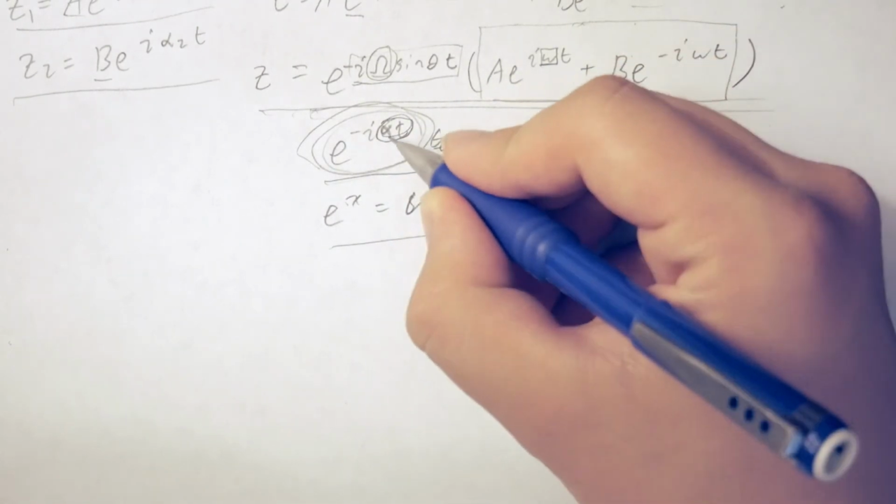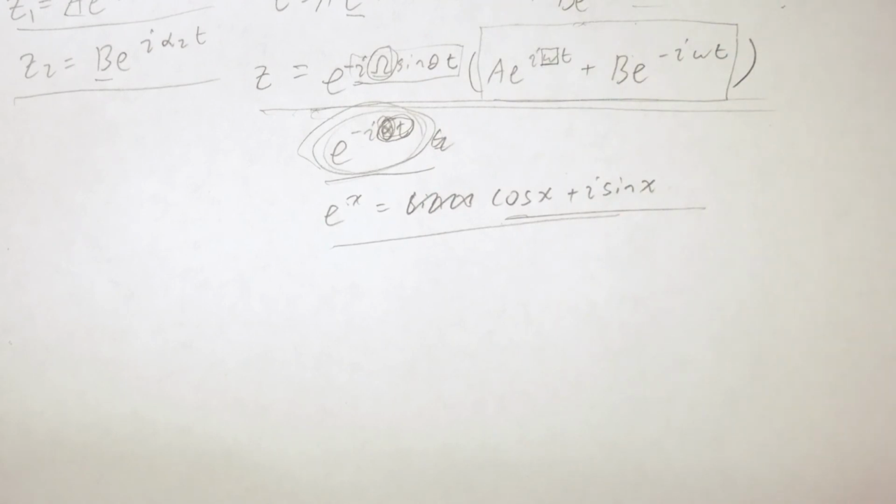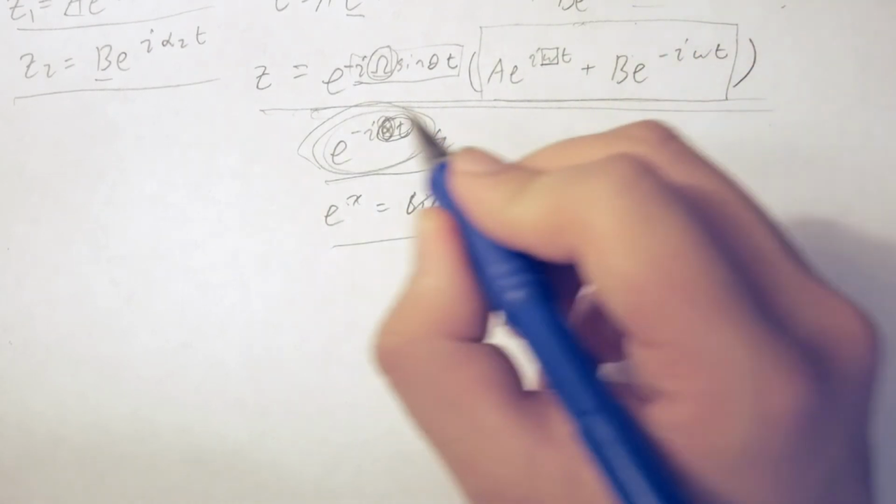In other words, this alpha is the rate of rotation.